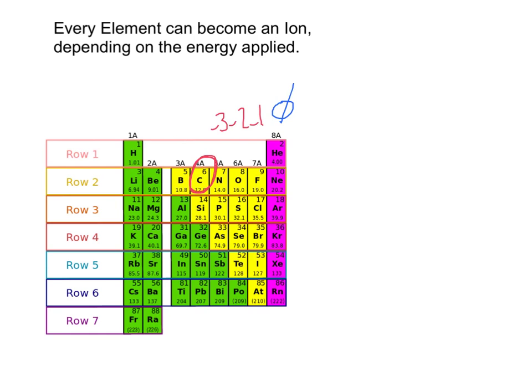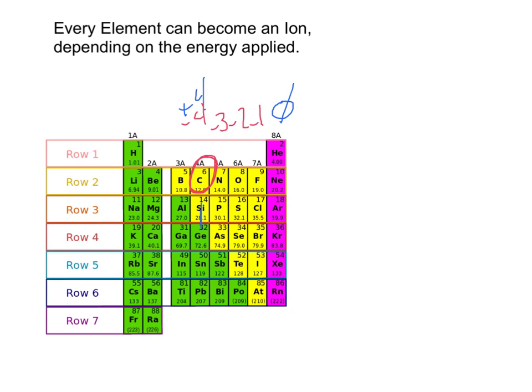For your use in this class, carbon will always be a +4. But when you go to college chemistry, it can also at times be a -4, depending on what it deals with. All the rest of these down through here are going to have their +4 charge.